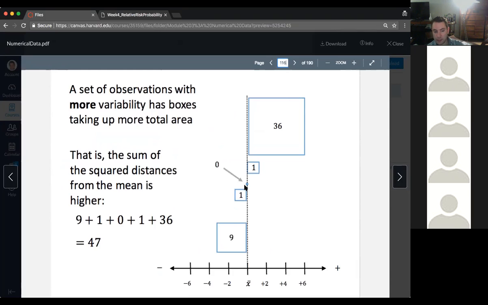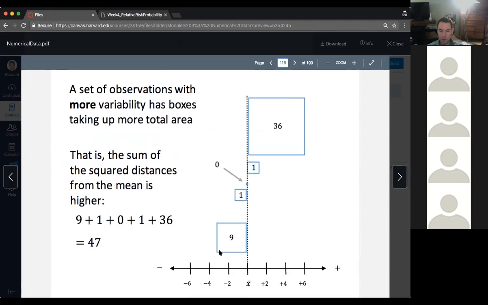This point is at 0. It's at the 0 point on the number line. So 0 squared is going to be 0. This point's at -1. So we can take -1 multiplied by -1. That will give us positive 1. And this is the point at -3. So we could do -3 squared, which is -3 times -3. That'll give us positive 9.